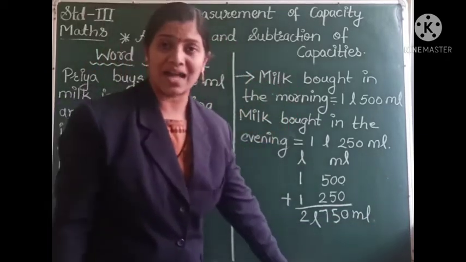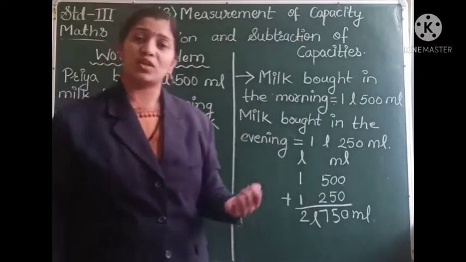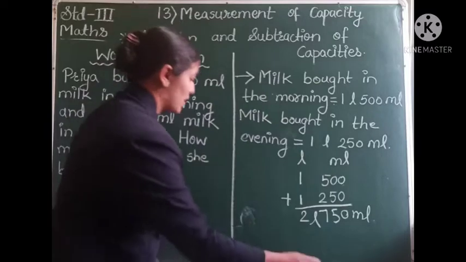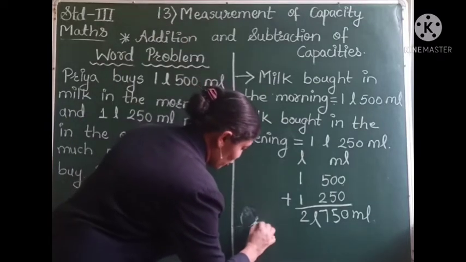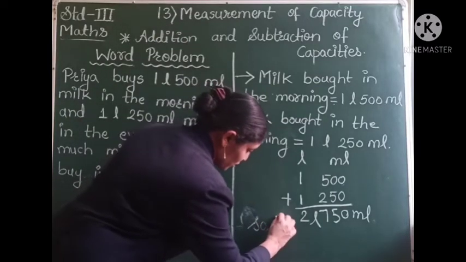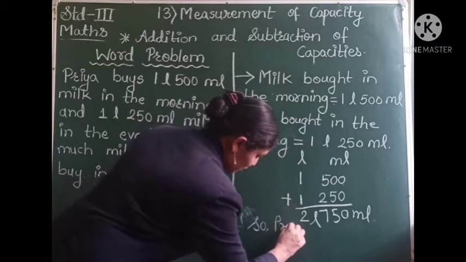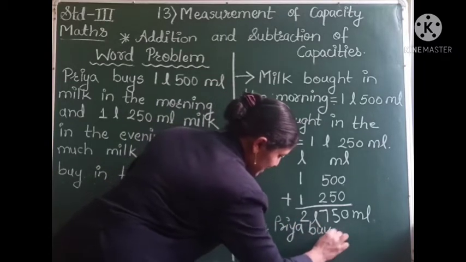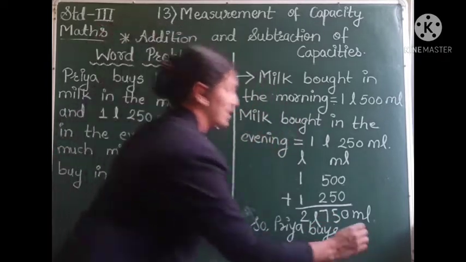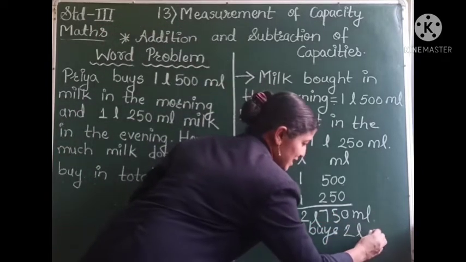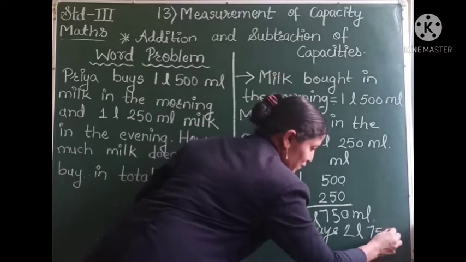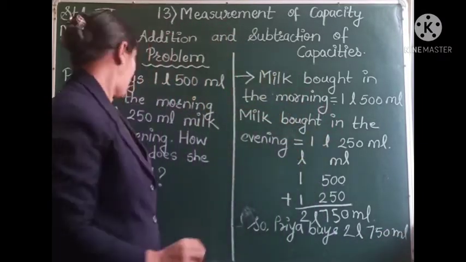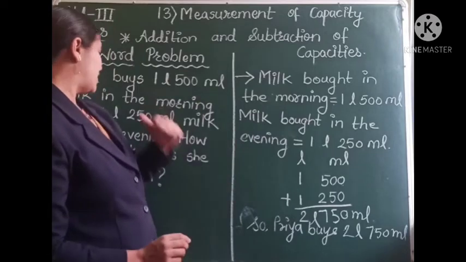So this is our answer, but since it is a word problem, we have to write the final answer in words. So I write, so Priya buys how much milk? It is 2 liter 750 milliliter in the whole day, or we can say during the whole day.